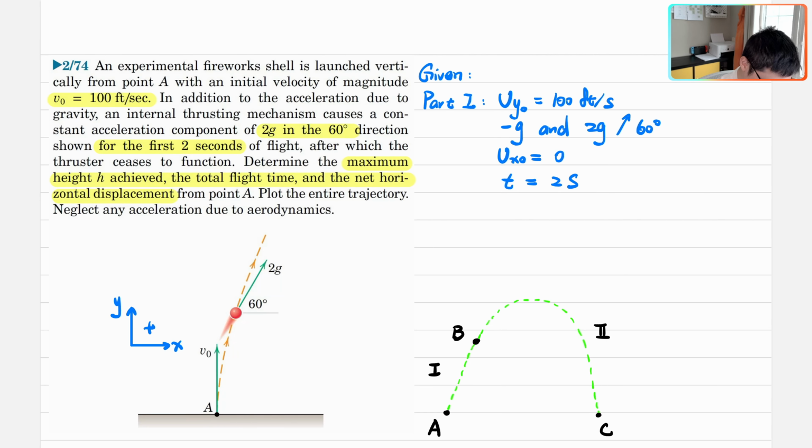That's our part 1. And then for part 2, we will get a different initial velocity when we start part 2 at point B. So part 2 from B to C is projectile motion.